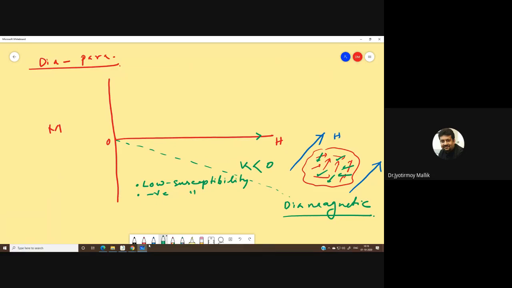Now, when we talk about different materials, whether diamagnetic, paramagnetic, or ferromagnetic, there is one very important parameter that you always have to mention. If I ask you to give me an example of a diamagnetic material, what is implied is a diamagnetic material at room temperature. If I elevate or decrease the temperature from room temperature, its magnetic property might vary.